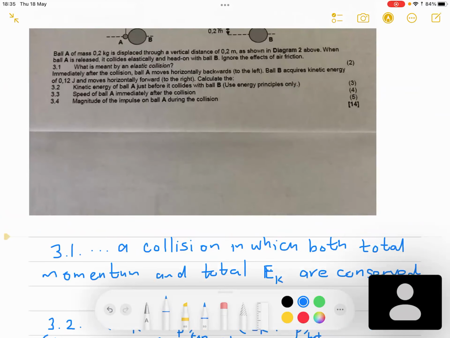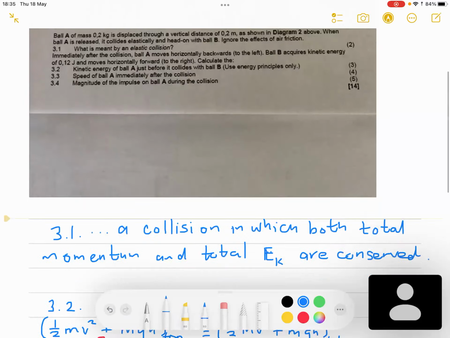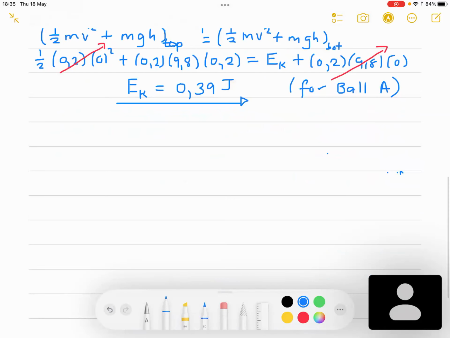3.3 says, calculate the speed of ball A immediately after the collision. Okay, how do we calculate the speed immediately after the collision? Okay, so again, we're going to use our energy principle. So this is 3.3.